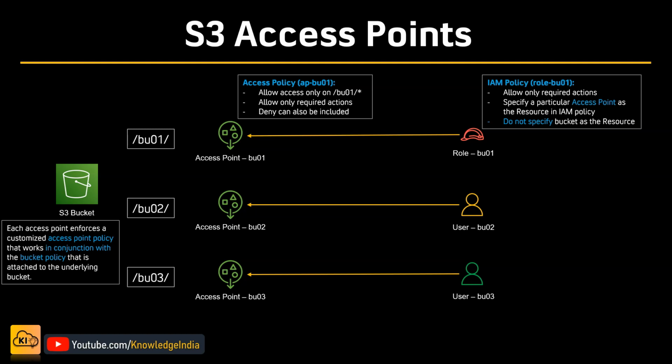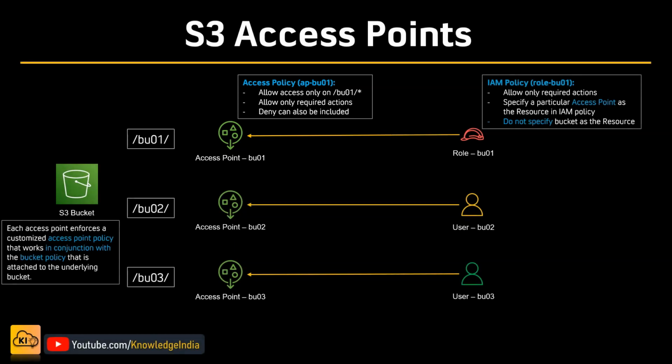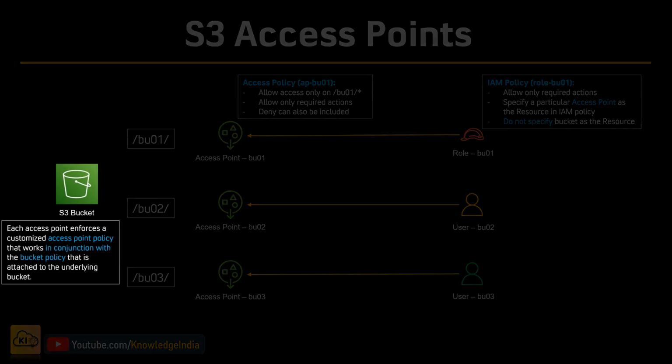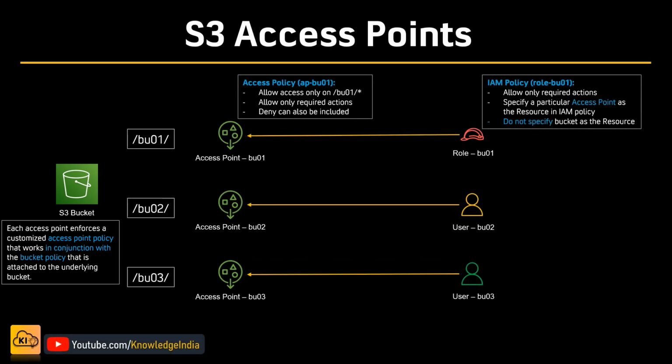So ultimately for that action to succeed, the access point policy should also allow that action, and then the bucket policy should also allow that action, right? So you might be thinking whether I need to write allow in both the places. Yes, you will have to, or there is a way through which you can avoid that. So we will see that in our upcoming demo.